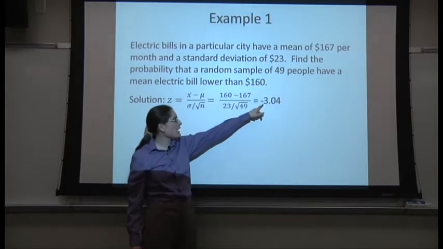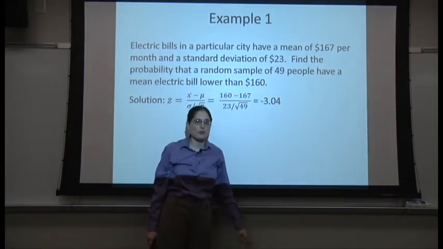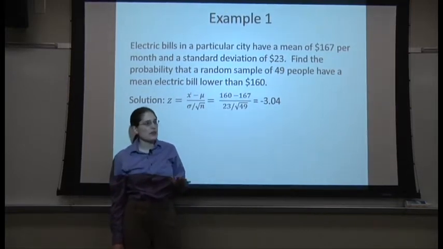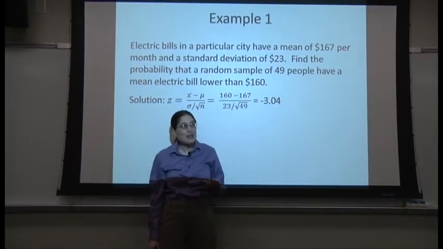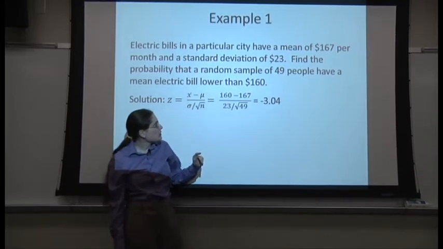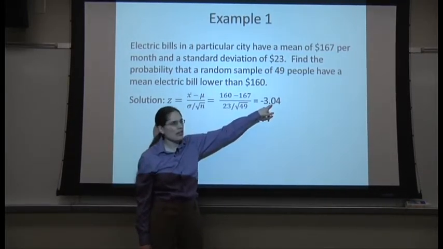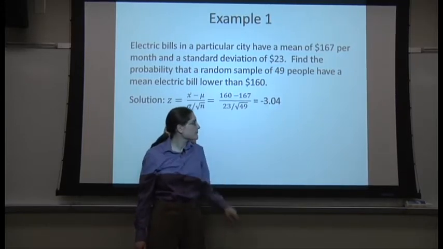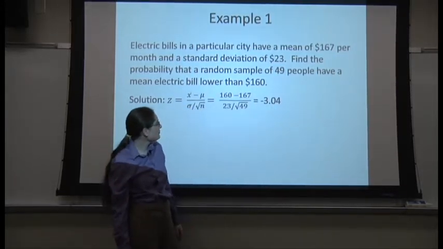And it should work out to negative 3.04. If it didn't, make sure you were dividing and not multiplying, maybe. So, stop and mess with your calculator until you get that right. Moving on.